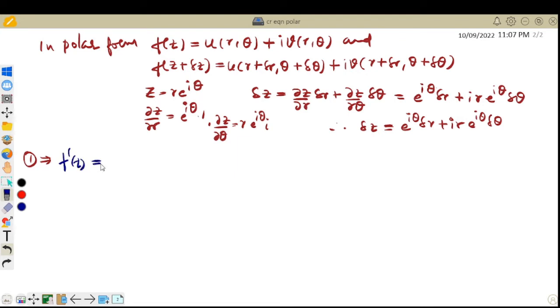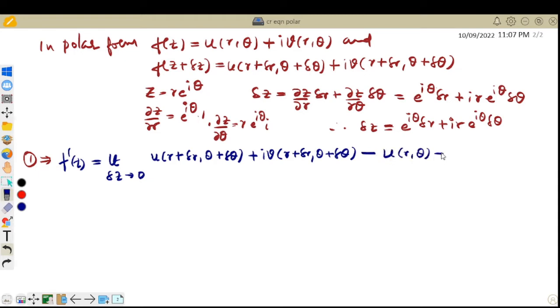F dash of z is equal to the limit as delta z tends to 0 of [u(r plus delta r, theta plus delta theta) plus i v(r plus delta r, theta plus delta theta) minus u(r, theta) plus i v(r, theta)] divided by delta z.